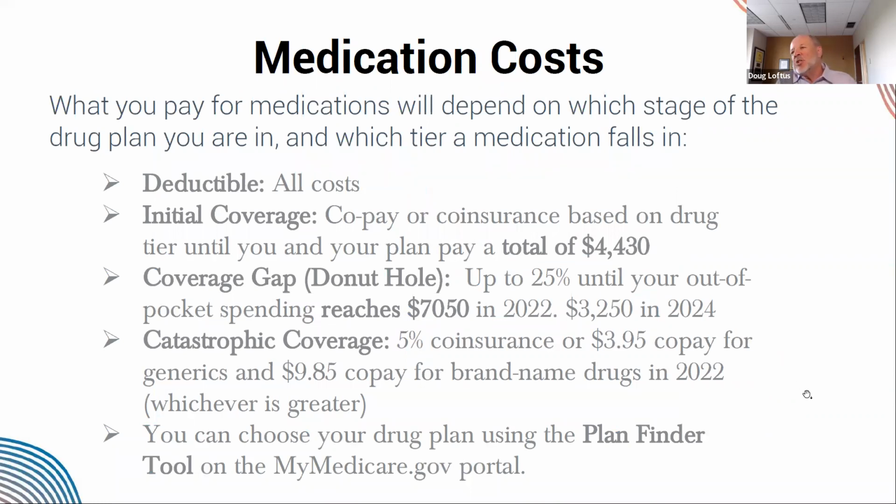This is critical to understand whether drugs you're taking are on the formulary list for your provider. And it's also important to understand how that is handled, because when you get in the donut hole, it can get very expensive. But drug companies offer substantial discounts on that 25% that you have to pay.